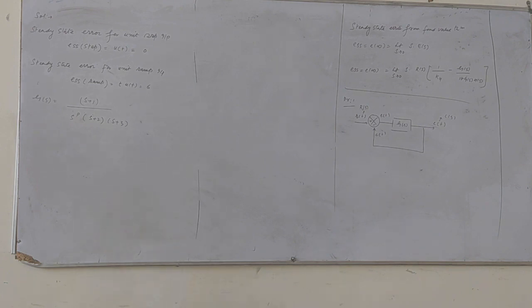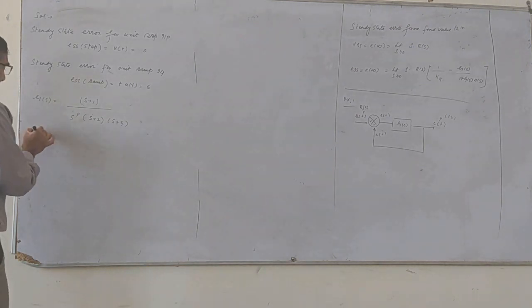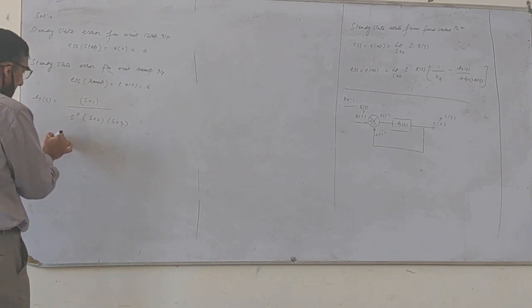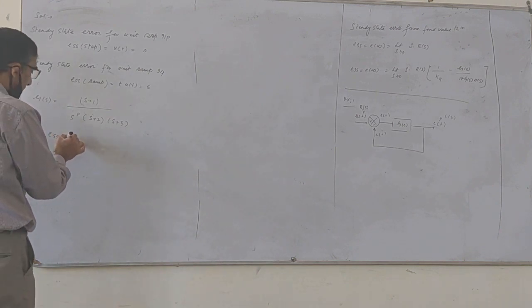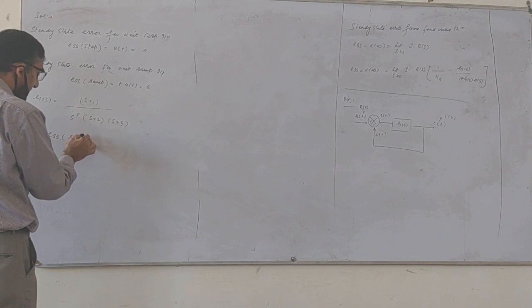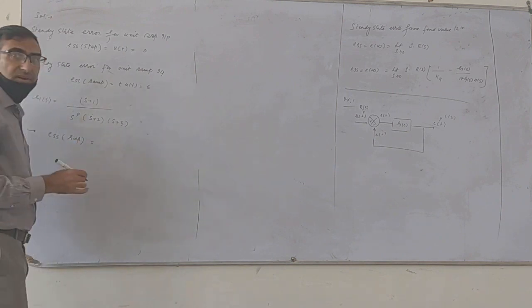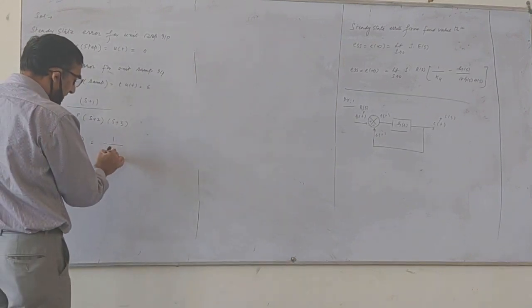Then from that we have to conclude: first, it will give us the range of p, and second, it will give us the exact value of p. Let's have a look. Now I will be writing the steady state error for unit step. We know that it is 1 upon 1 plus Kp.